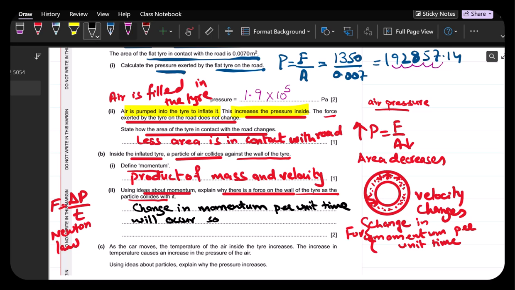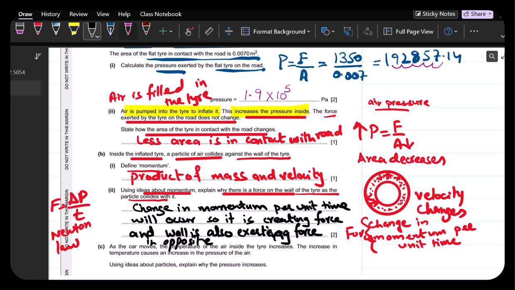So it is creating force and the wall is also exerting force in the opposite direction. So Newton's third law holds. Third law is applicable. Hope this is clear.